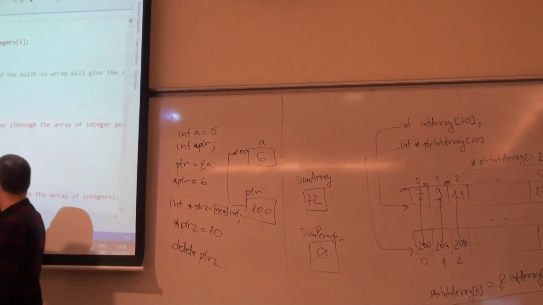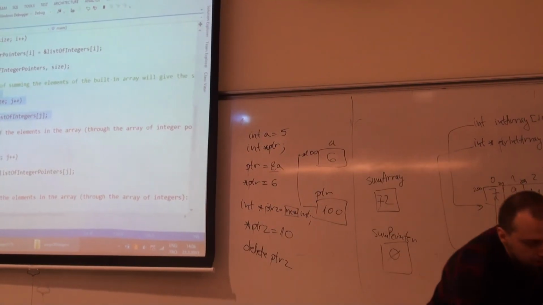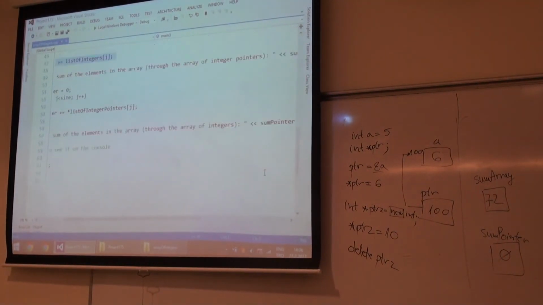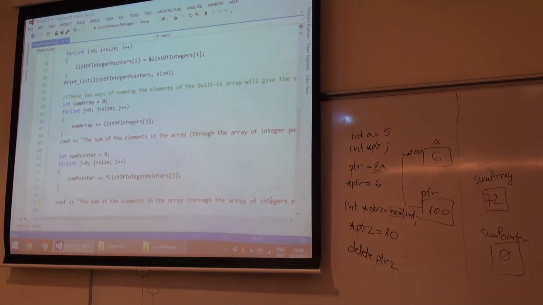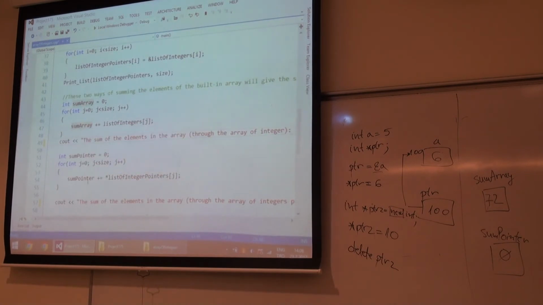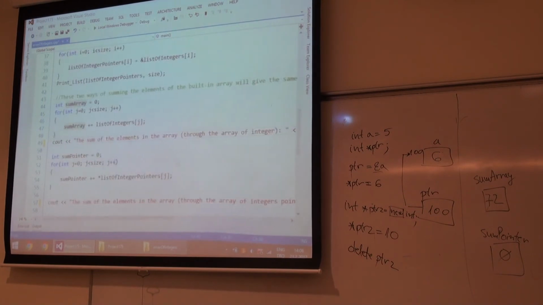And I'm printing the sum of elements in the array through the array of integers is... through the array of integer pointers is... I think we should have here pointers, and here we should have only integer array, because with sum array we are not using pointers, but with sum pointer we are using pointers.